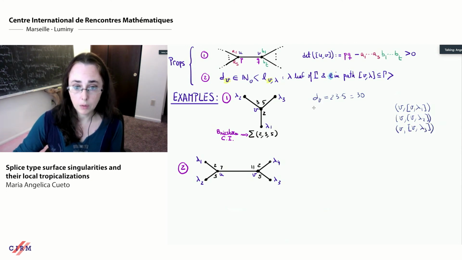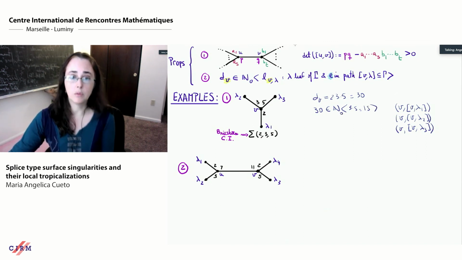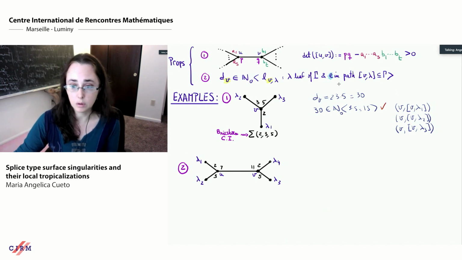So the condition I have to impose is 30 has to be in the semigroup generated by, now, for the first case, I have to consider leaves in the direction of this edge. Of course, there's just one. So the linking number in this case is going to be the product of all the weights adjacent to the path joining V and lambda 1, but not on the path. So that gives me 3 times 5, which is, of course, 15. And that is clearly valid. So 15 times 2 is 30.